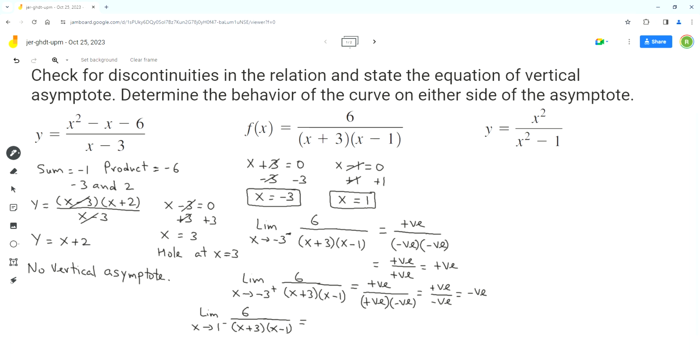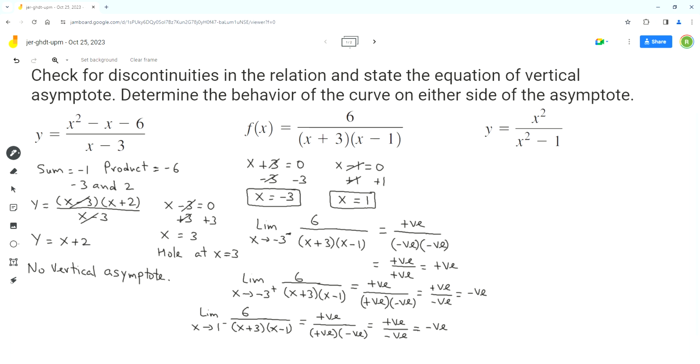So the numerator will always be positive, and in the denominator, if we sub in an x value to the left side of 1 like 0.9, the first parentheses will give us a positive value, and the second parentheses will give us a negative value. So 0.9 minus 1 will be a negative value, and that will make the denominator a negative value, and the overall result will be negative.